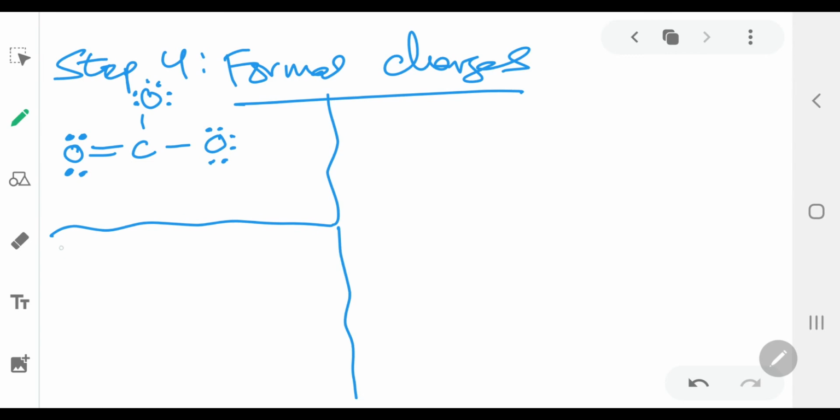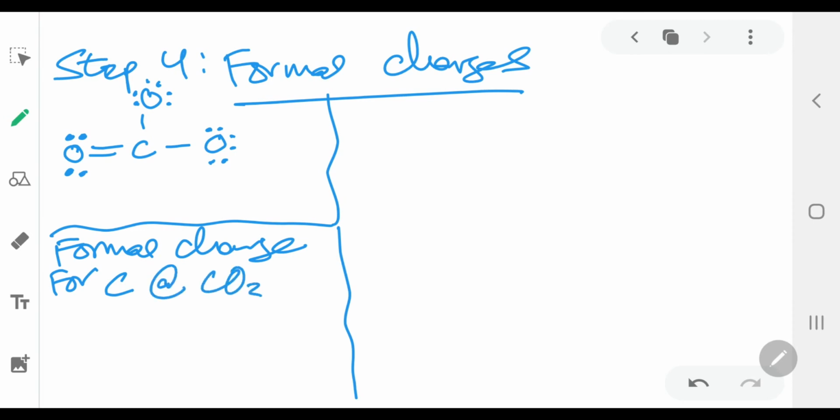So the formal charge for carbon in CO32 minus.